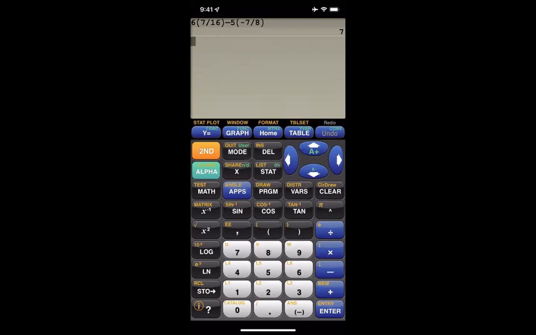All right, so now I'll do the same thing with the second equation. The second equation is 4x minus 6y equals 7. So we're hoping that 4 times 7/16 minus 6 times -7/8 is also equal to 7. And it is. Woohoo! All right, so don't be afraid to use your calculator to do the check, especially when the solution is a fraction.